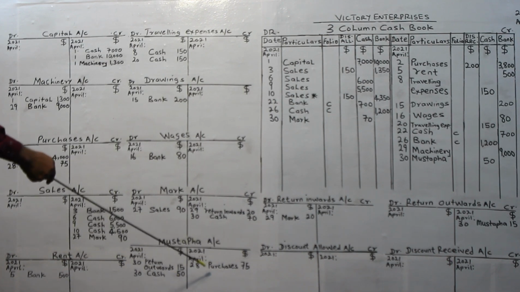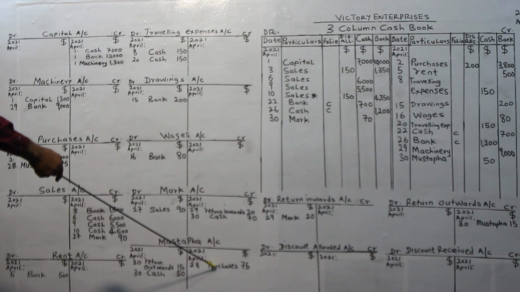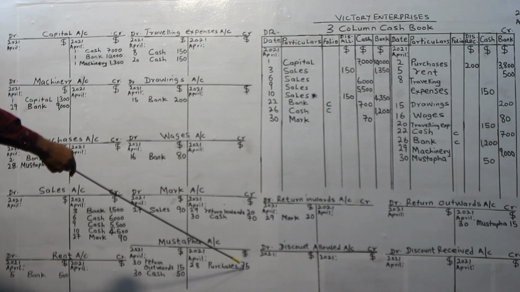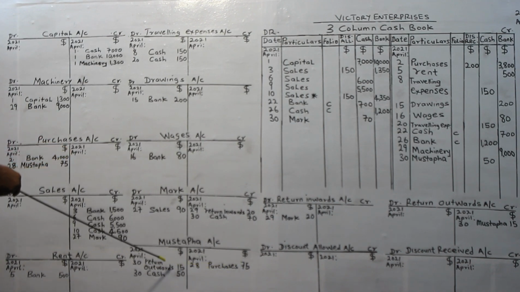If you observe, the goods that Mustafa gave to our purchases account on credit is $75. Goods were returned to Mustafa in form of return outwards $15, and cash was paid to Mustafa $50. The total received by Mustafa is 15 plus 50, which is $65.